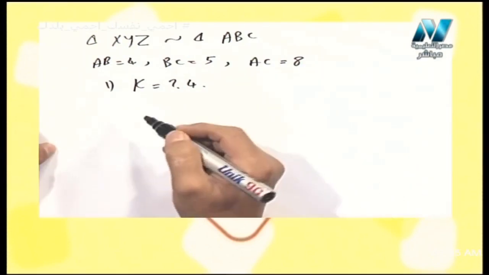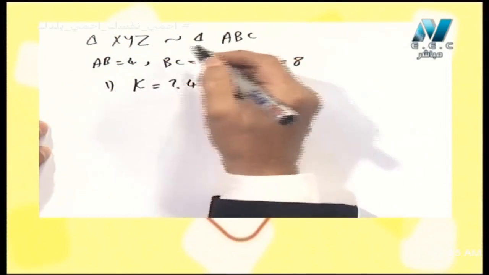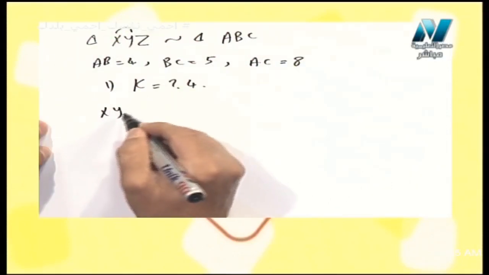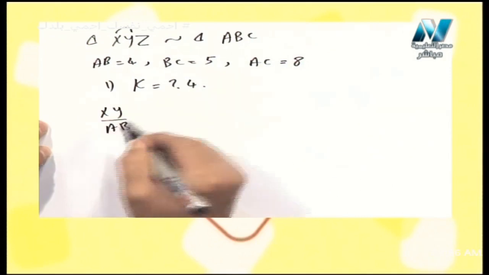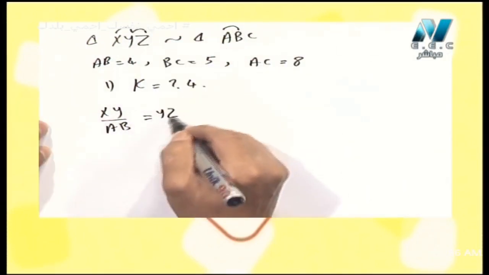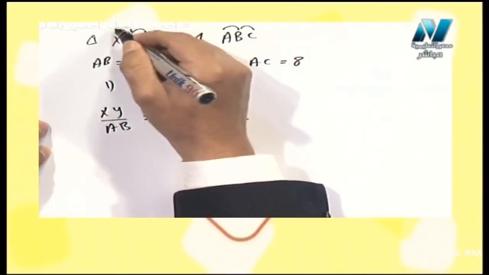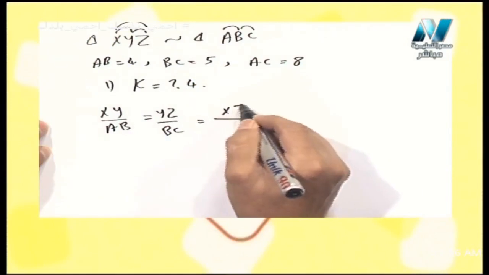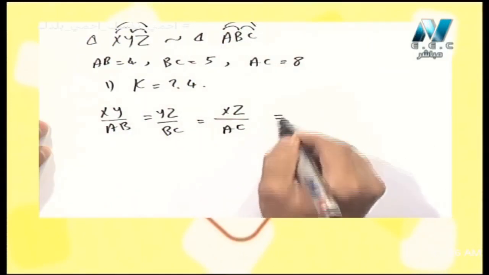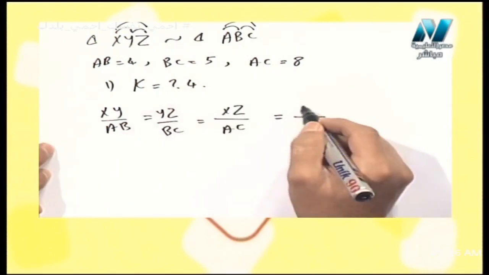We say that if triangle XYZ is similar to triangle ABC, we can say XY over AB equals YZ over BC equals the last side XZ over AC equals the ratio 2.4 over 1.